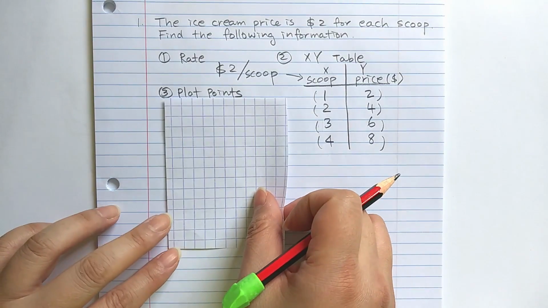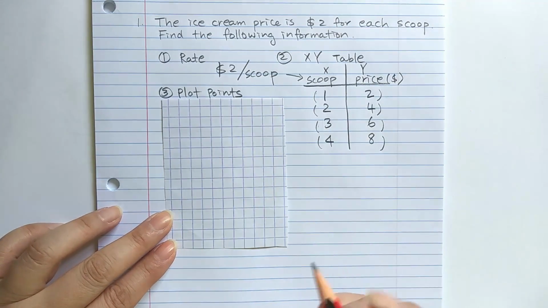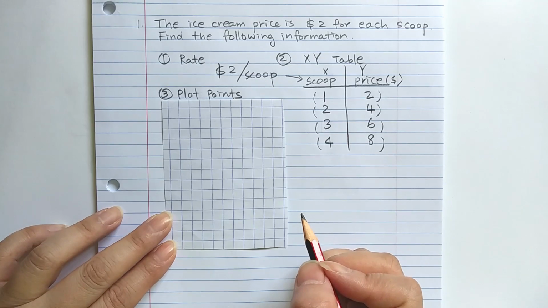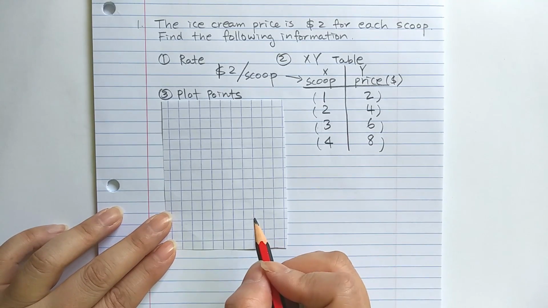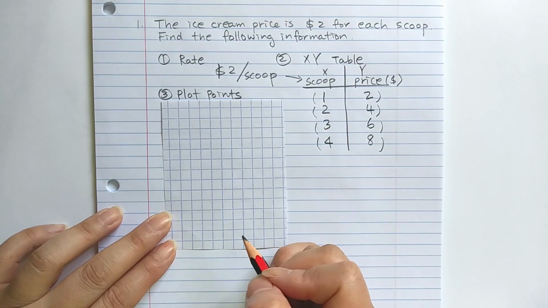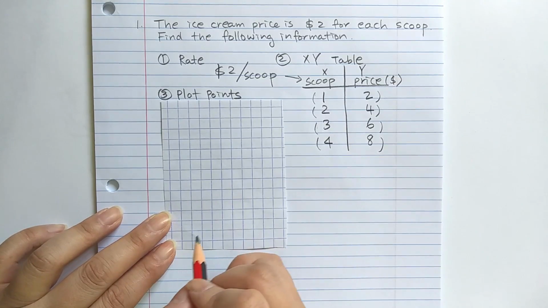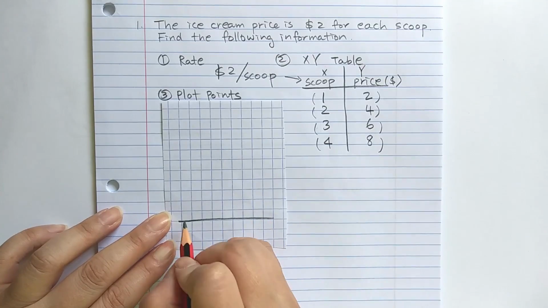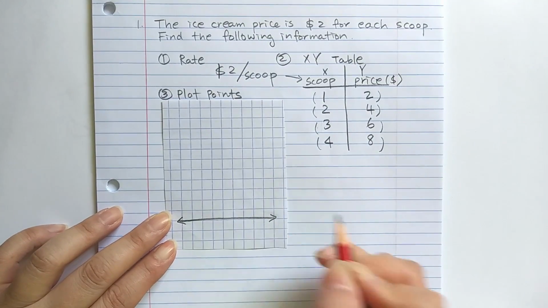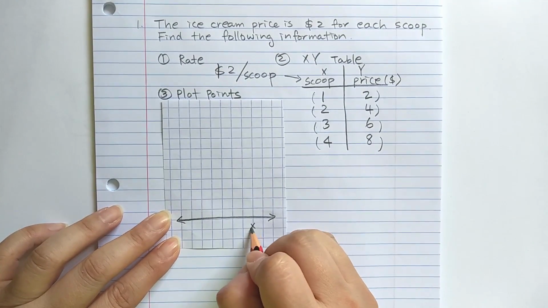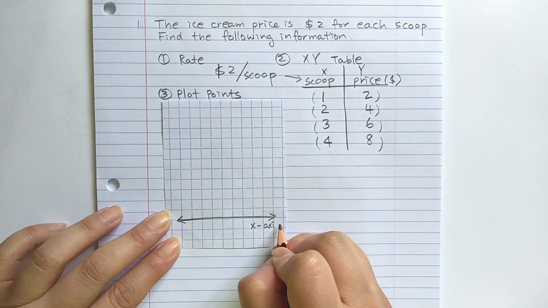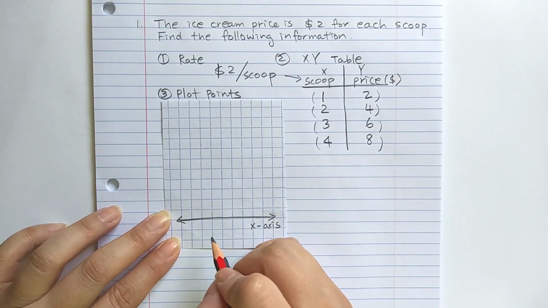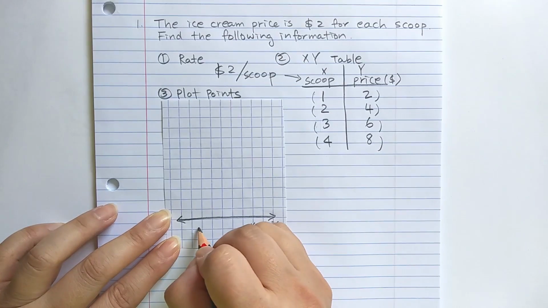And let's plot those points on this graph paper. This kind of graph paper comes really handy, especially when you are a beginner. First, draw a horizontal number line, and we call this x-axis, and that is for the number of scoops.